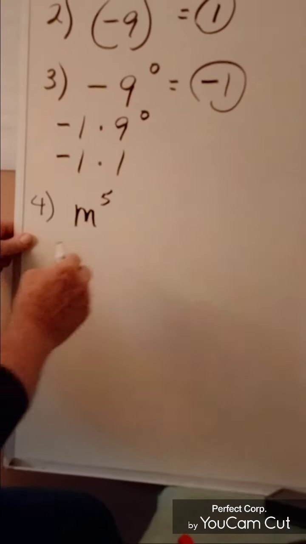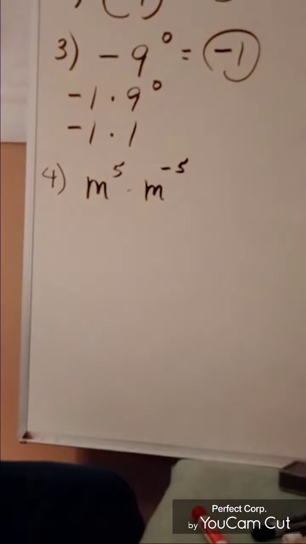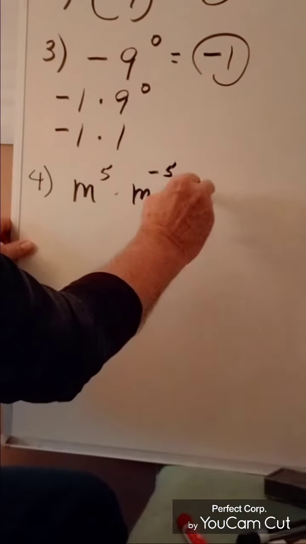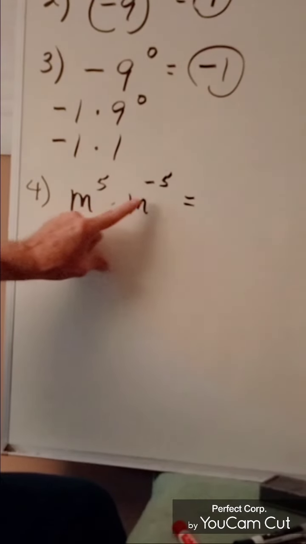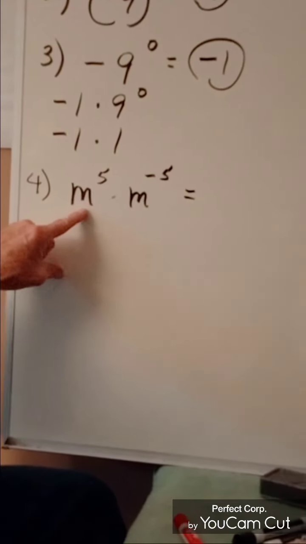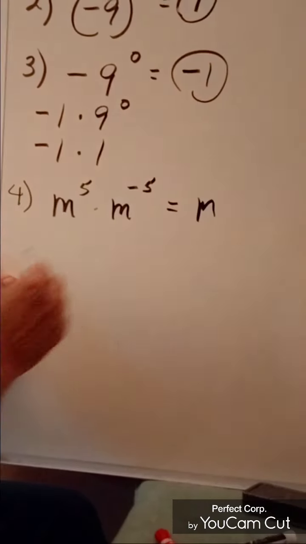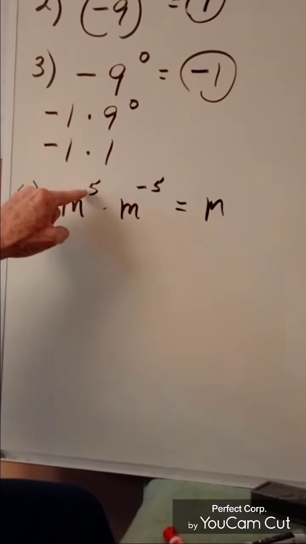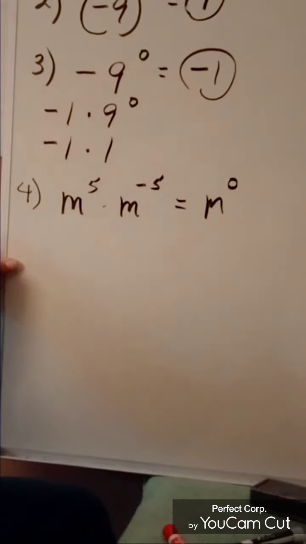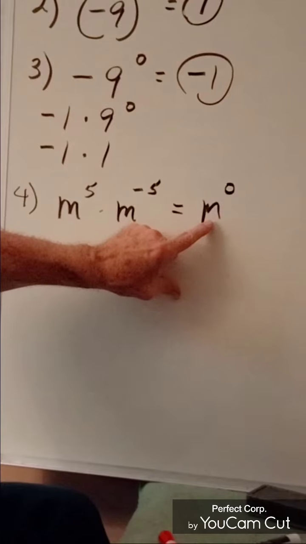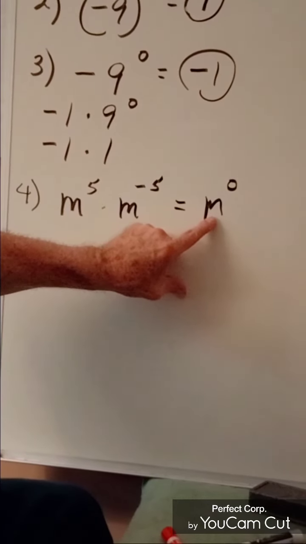m to the 5th times m to the -5th. If we apply the product rule of exponents, rule A that we initially started off with, if we bring over one of those m's and add the exponents, 5 added to a negative 5, m to the 0, we are going to assume that m cannot be equal to 0.